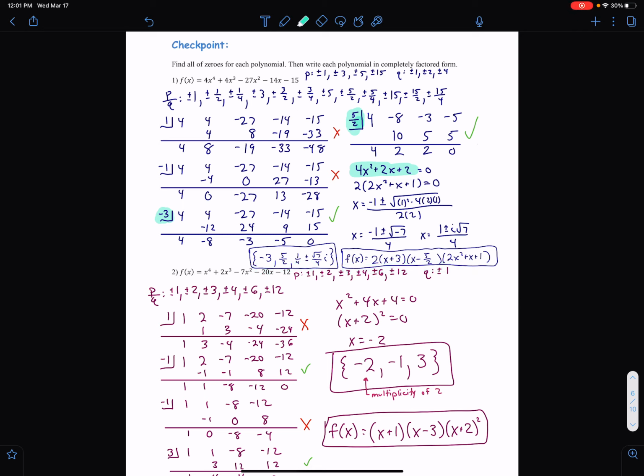Mr. Shannon, why did you write this as x minus 5/2? Well, my 0 was 5/2, so the factor would be x minus 5/2. Then you could also say, Mr. Shannon, but can I write it as 2x minus 5?